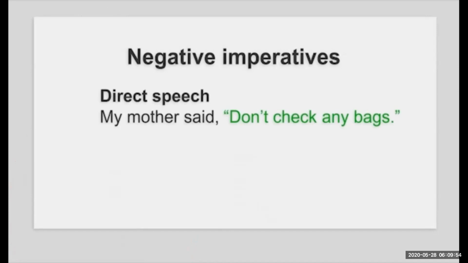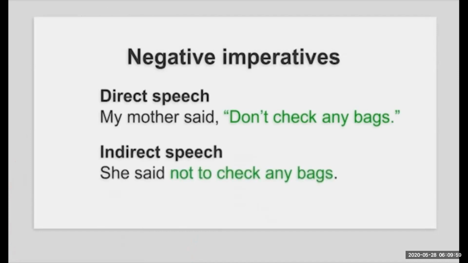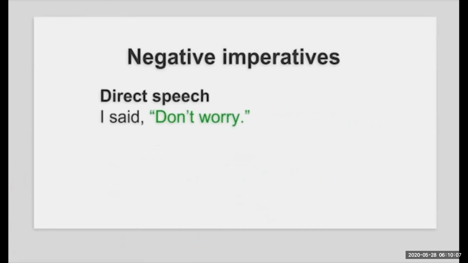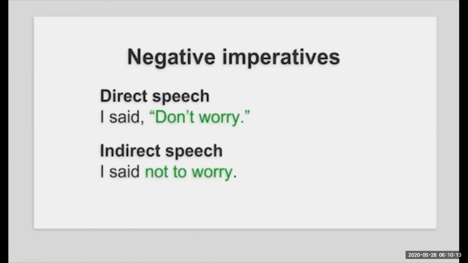When we change this to indirect speech, she said not to check any bags, the words don't check change to not to check. When I called my mother, I said, "Don't worry." When we change this to indirect speech, I said not to worry. The words don't worry change to not to worry.